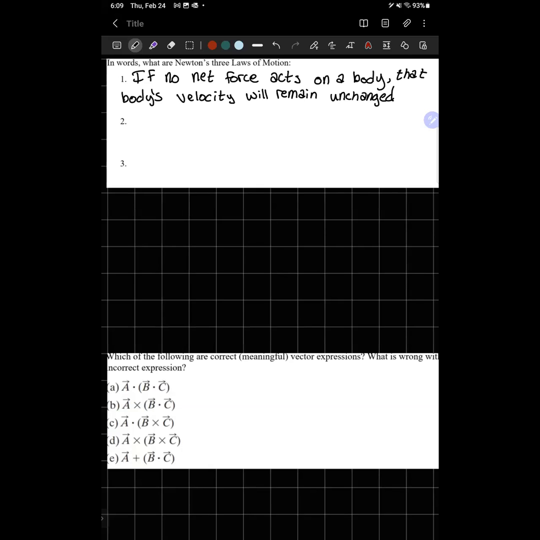Unless a net force acts on an object, its motion will remain unchanged.